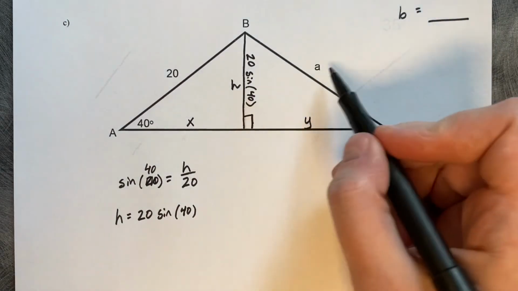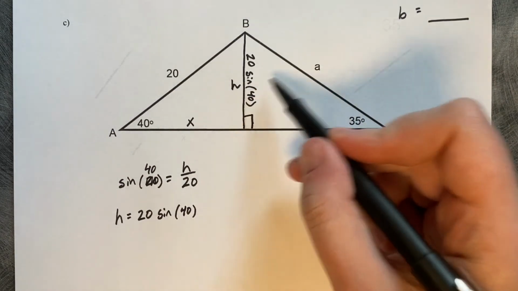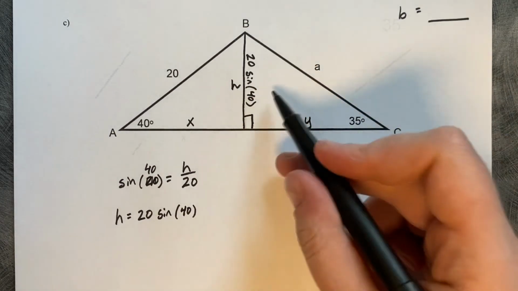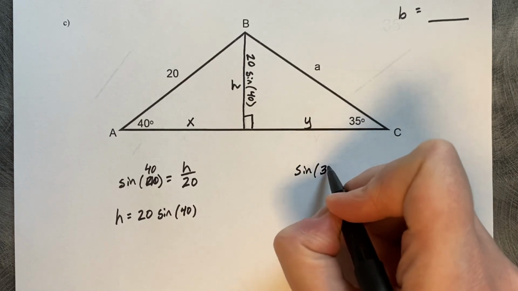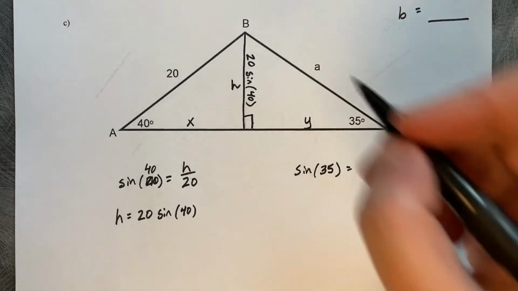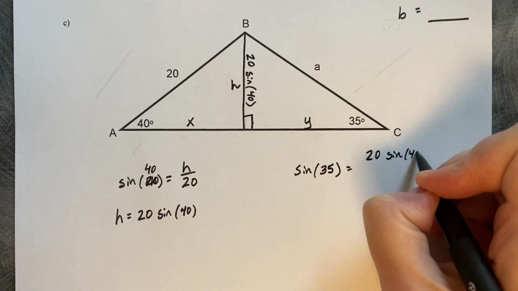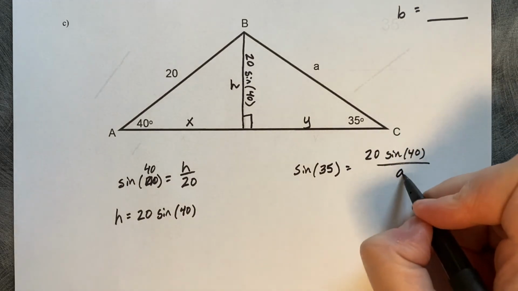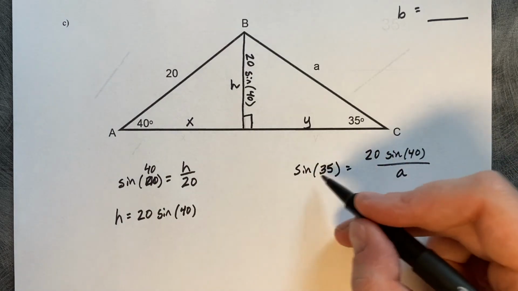Now I can use this to help me get this side length A. So now I have an opposite and a hypotenuse on this right side. So the sine of 35 equals opposite over hypotenuse. The opposite is now 20 sine of 40, divided by my hypotenuse, which is the length of A. So times A and divided by the sine of 35.